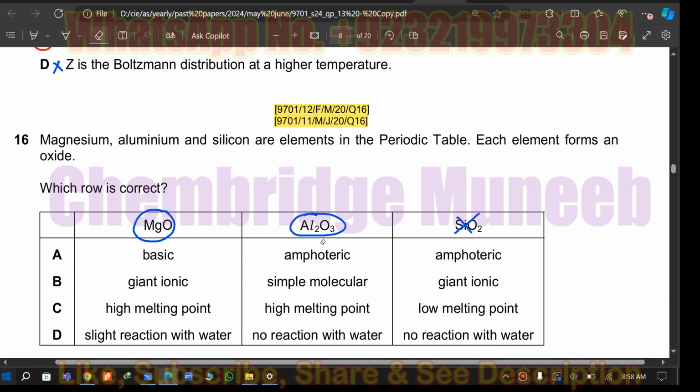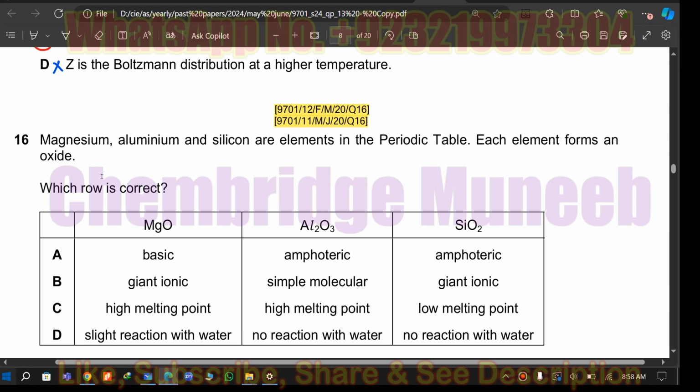So I have put the references here, but you will not find exactly the same question in which all these three combinations are present together. So I'm going to solve this question by myself right now.